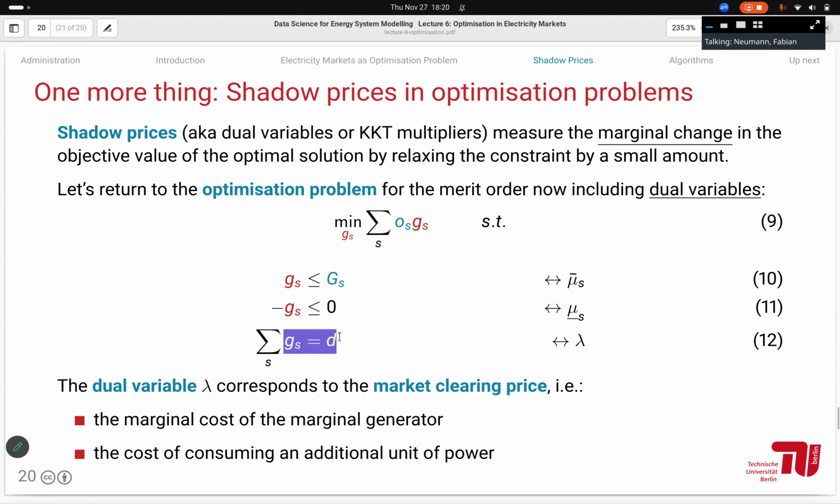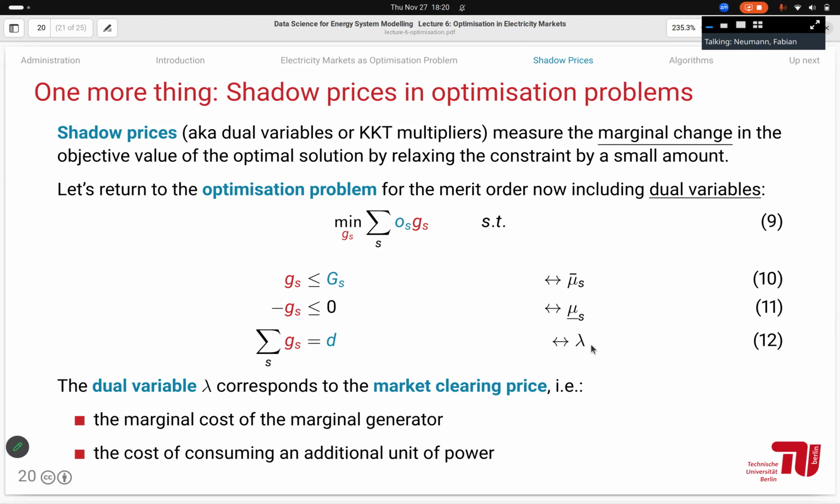A very classical interpretation of these shadow prices is for the energy balance constraints, where the dual variable would correspond to the market clearing price in the supply and demand curve that we looked at earlier, where it tells you the marginal cost of the marginal generator or the cost of consuming one additional unit of power.